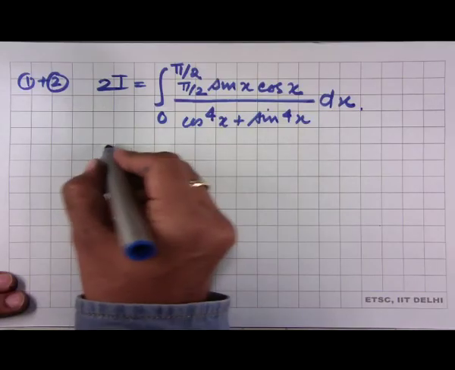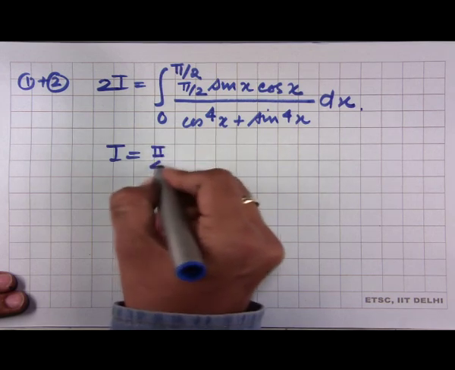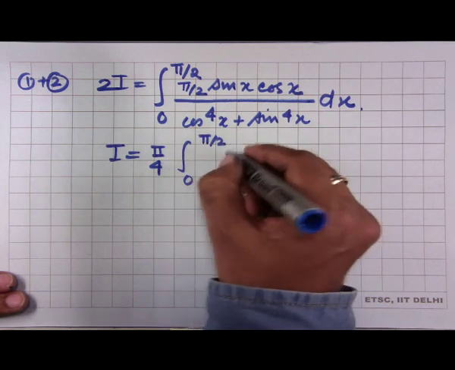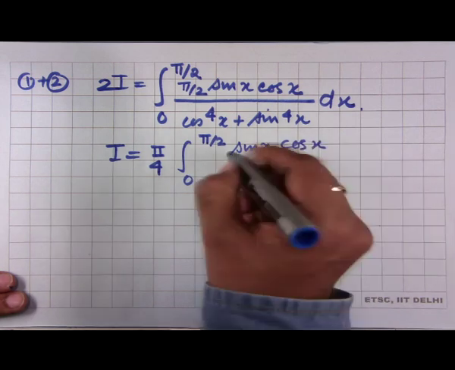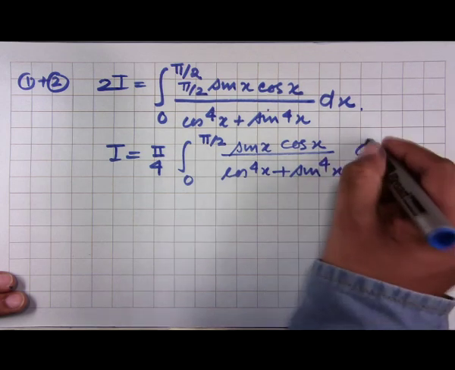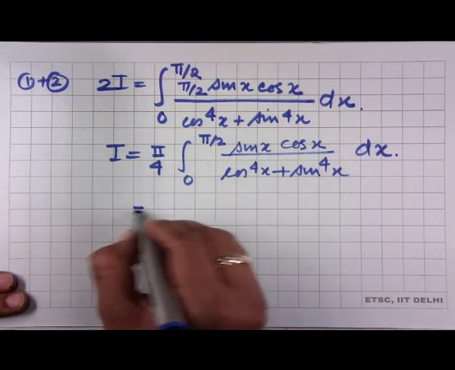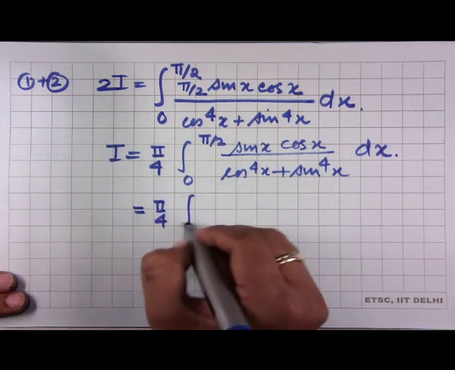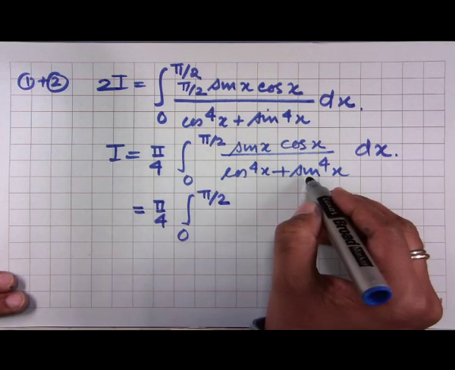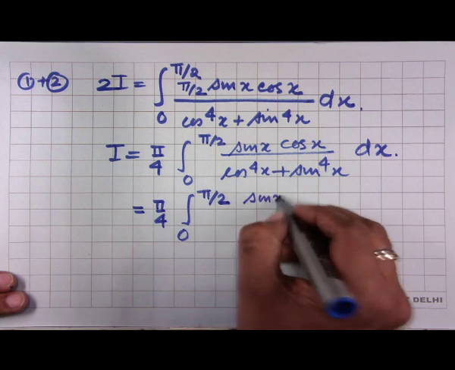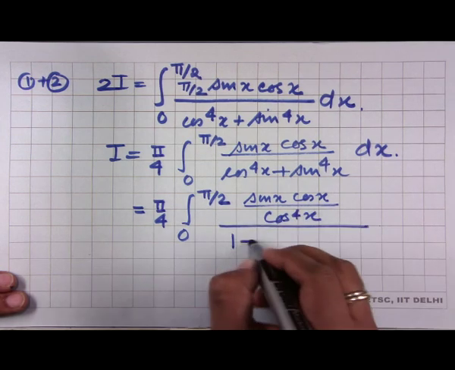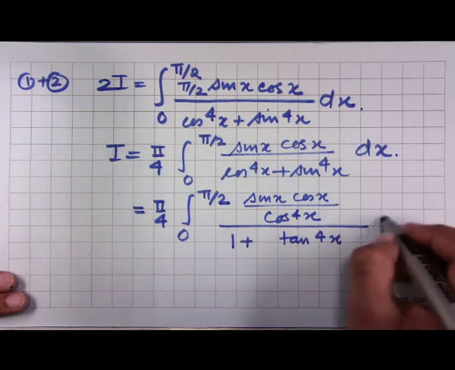So I is pi by 4, 0 to pi by 2, sin x cos x by cos power 4 x plus sin power 4 x dx. Now divide by cos power 4 x.